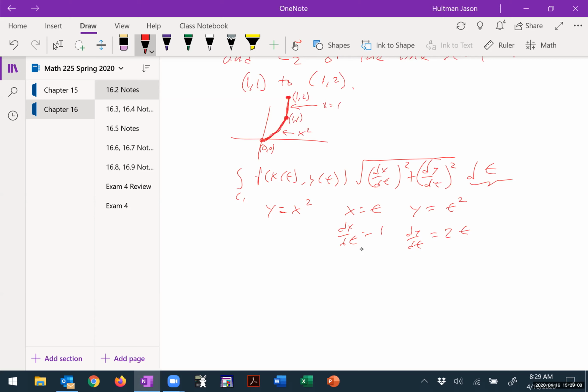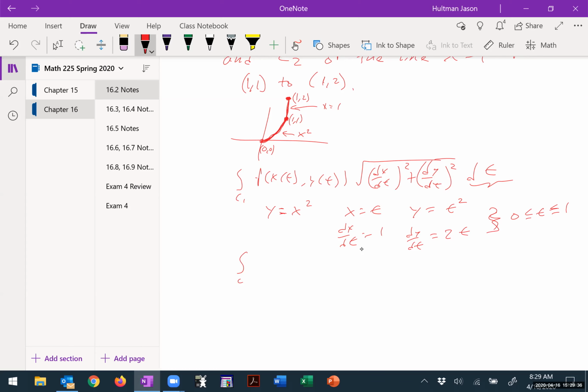Okay, we want to integrate, we're going to call this C1, from 0 to 1, because that's what our t is. This is just the first piece, my y equals x squared piece. From 0 to 1 of 2, what was our function?